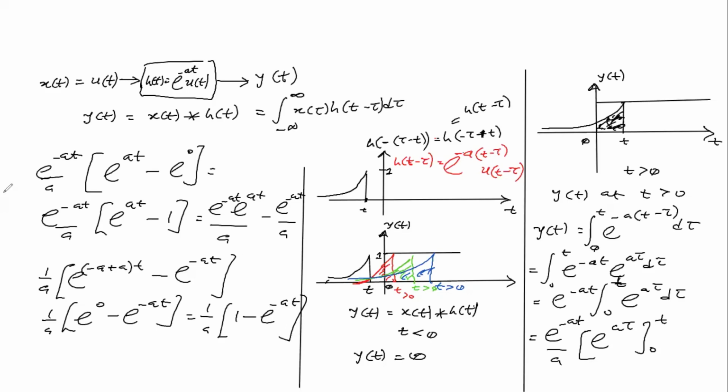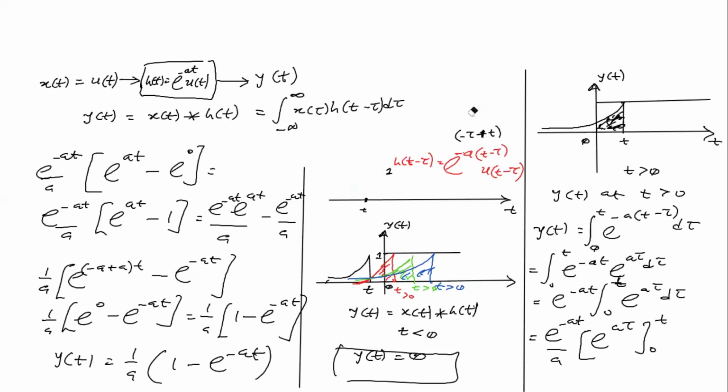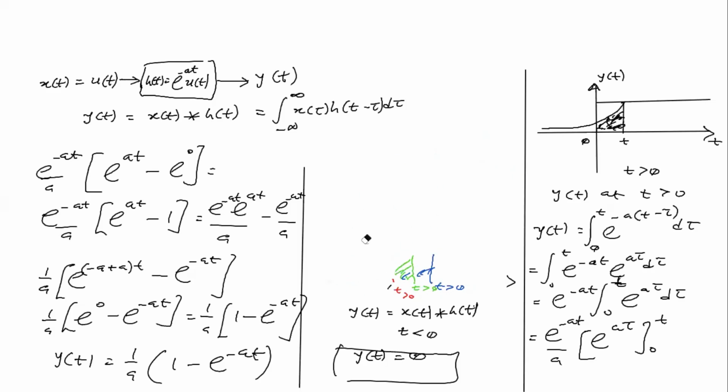So it means that we can now define the output of this signal because at t less than 0, y of t was equal to 0. Then at t greater than 0, y of t is the same as 1 over a into bracket 1 minus epsilon minus at, right? So now we can describe the output of this signal to look something like this.